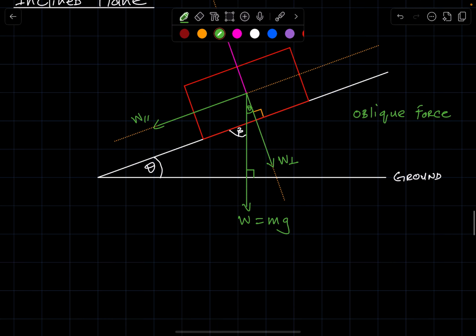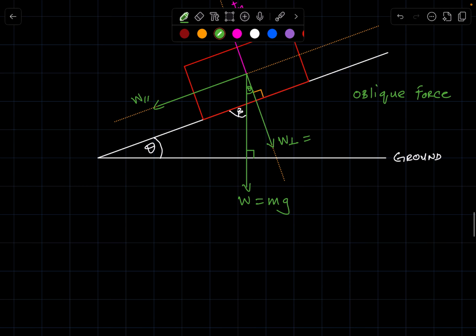Now, how does that help? It helps in figuring out which trig ratio we are going to use in expressing these components. So this component, because it is adjacent to the angle, here you are going to use cos. So mg is the force, cos theta.